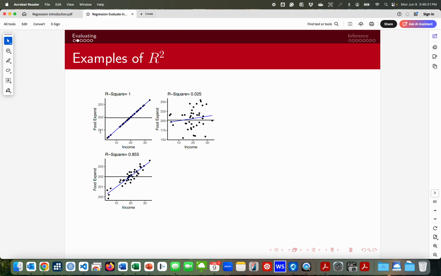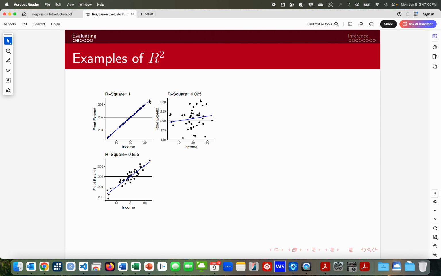The total variation in food expenditure is the sample variance: you would take the dot minus the mean, square it for all of those, add them up, and divide by n minus 1. That would give you the sample variance for food expenditure. So think about the total sum of squares, or the total variation in y, as being the dot minus the mean squared for each one of these points.